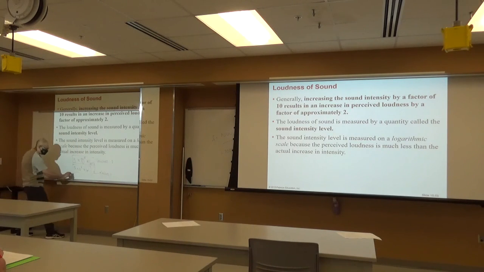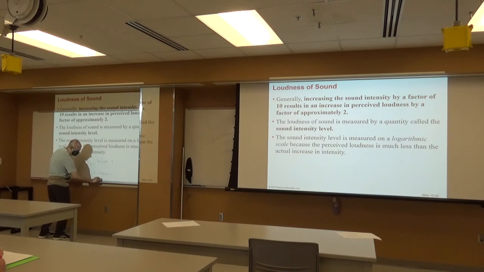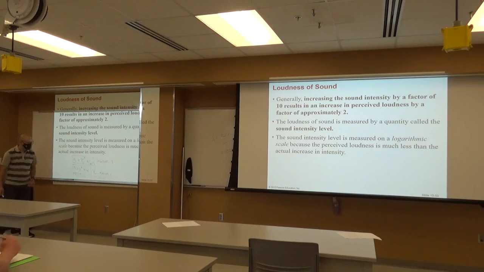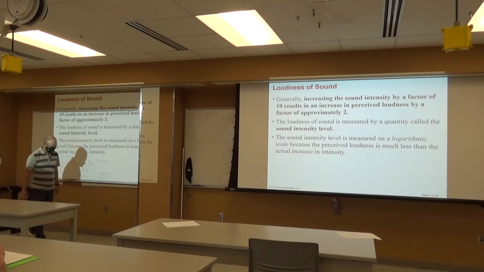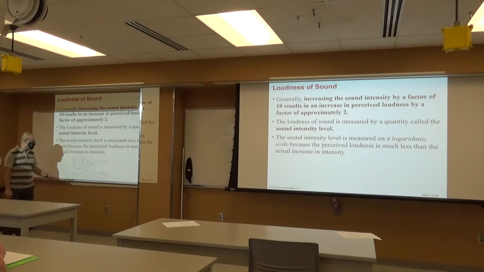If you increase it by 10 more folds, then this would be 3 times louder than this one. So for each increase in loudness, you need to increase the intensity by 10 folds. So it's a big number.